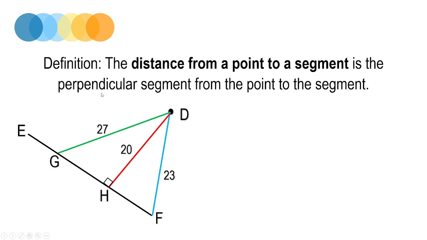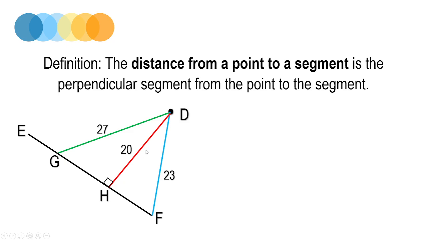As defined, it is the one perpendicular to the segment. So which one here is perpendicular? The green, the red, or the blue? We have an indicator here. This is the indicator that the red segment measuring 20 is actually the distance from point D to segment EF, the perpendicular one.